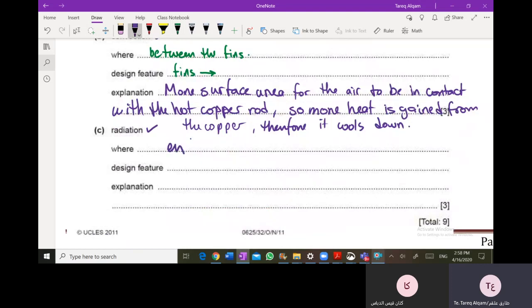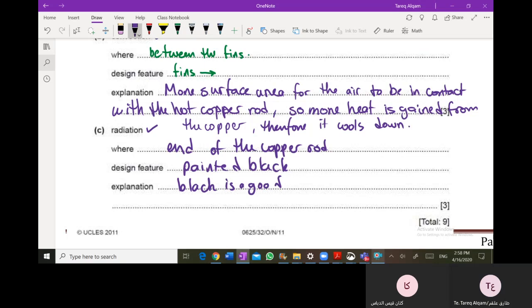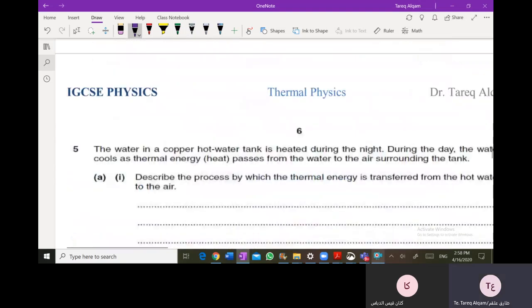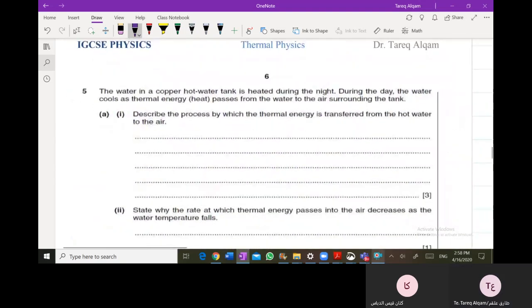So here, radiation at the end of the copper rod, a design painted black. Why? Because black is a good emitter. Okay.